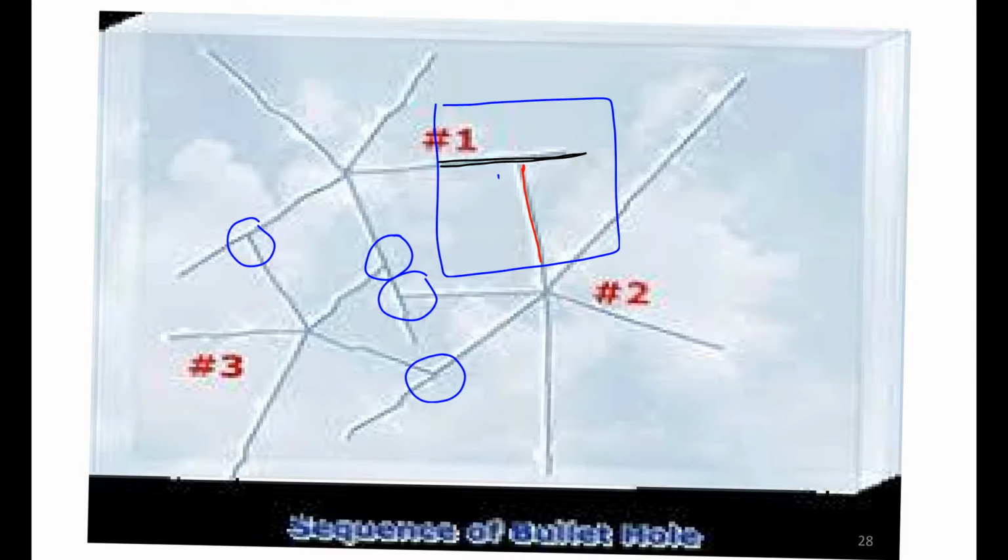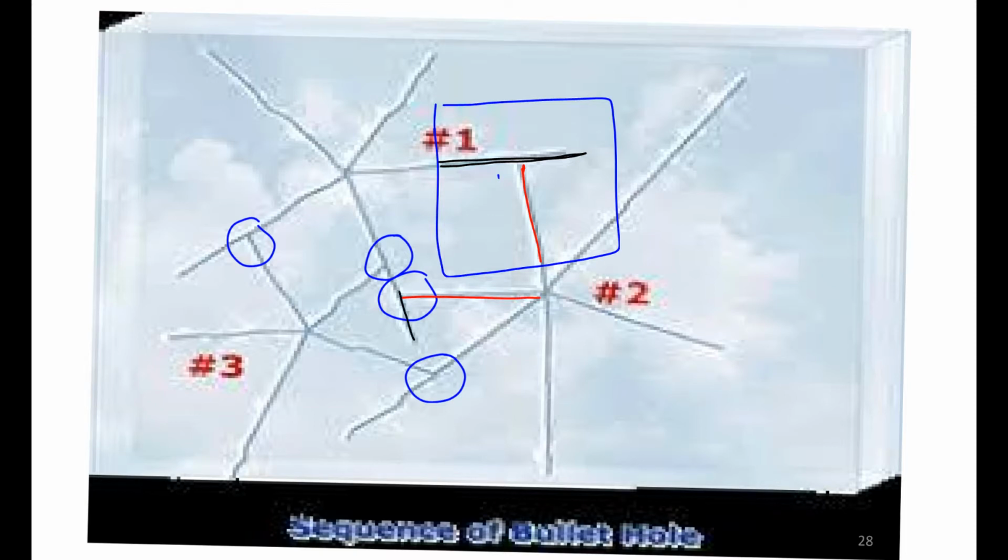If I need more proof, I can go down to these two areas here. If you look closely, let's color this one red. So here's my red line again, and here's my black line again.